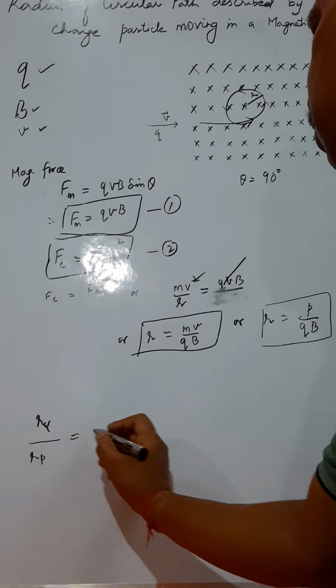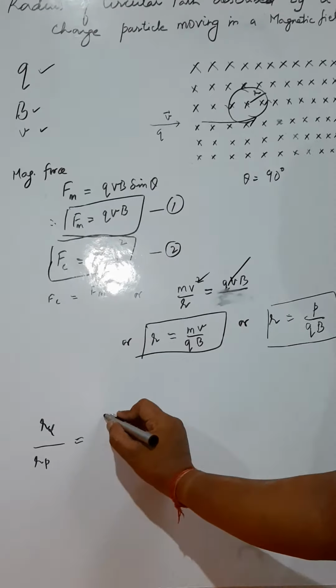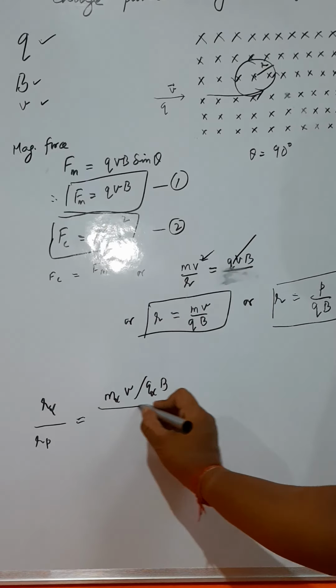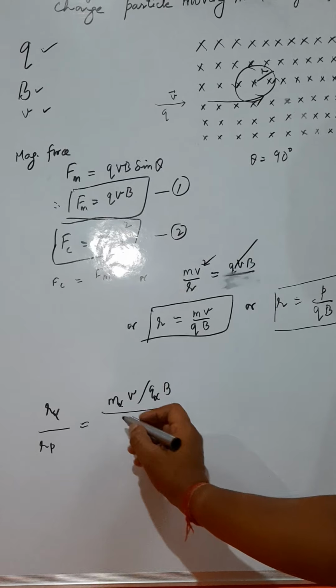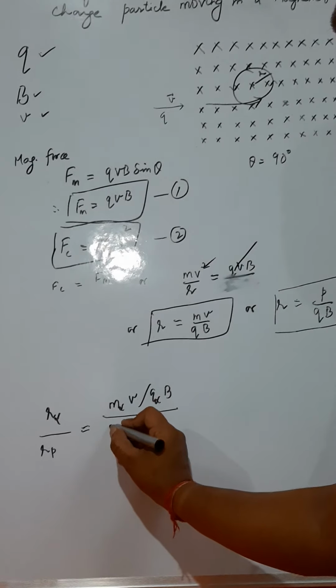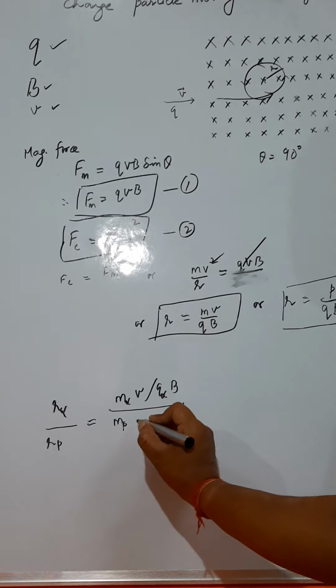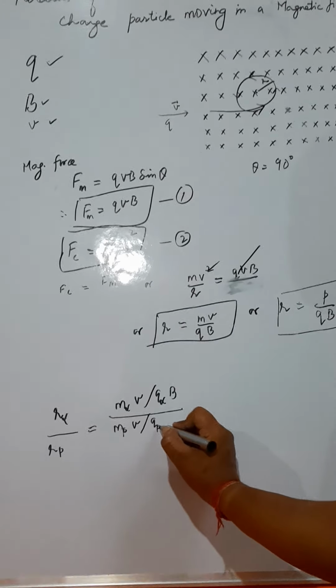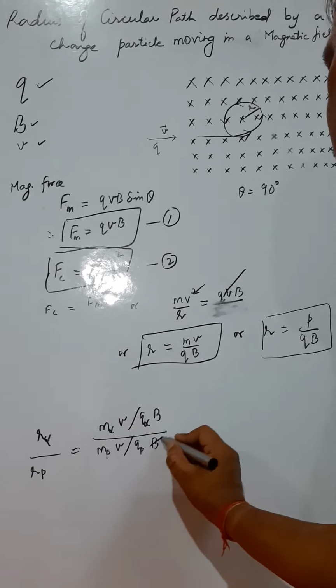This will be equal to mass of alpha particle times v, v is same, by charge of alpha particle times B, divided by mass of proton times v by charge of proton times B. So this will cancel out.